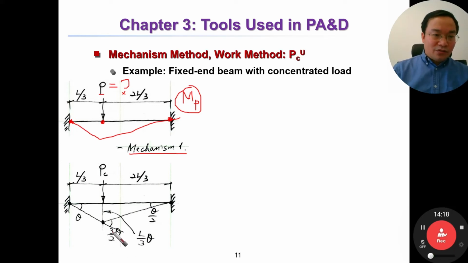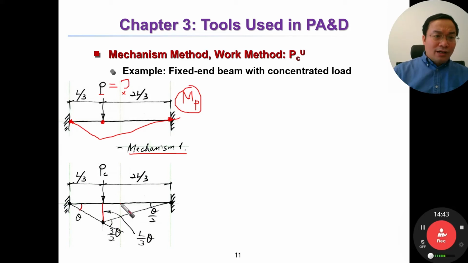Then this rotation is 3 divided by 2 theta, and this one is half of theta. Also this displacement is 1/3 of L times theta. We assume this theta, then other values are a function of theta.